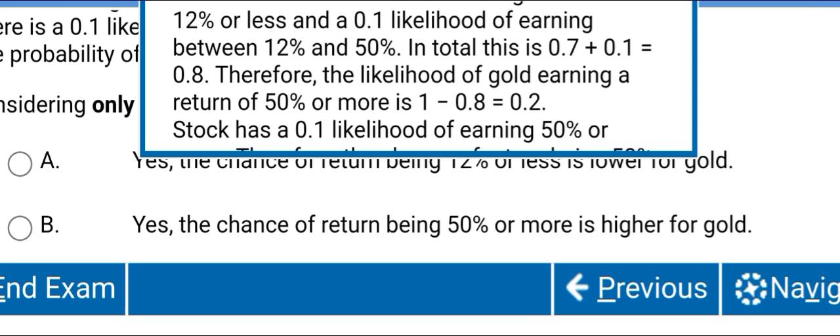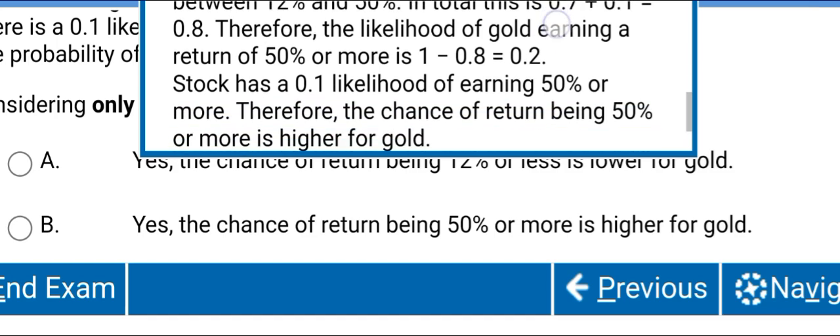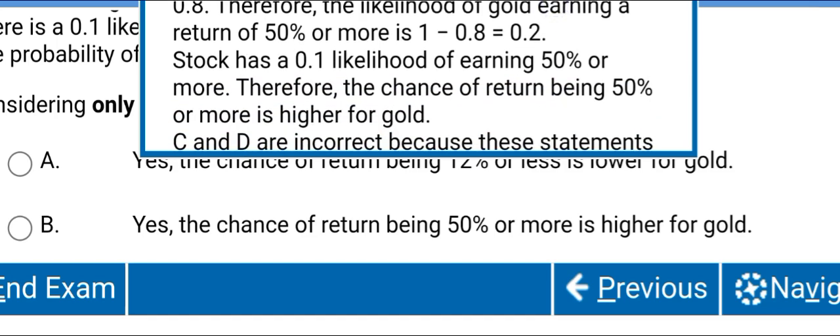Therefore, the likelihood of gold earning a return of 50% or more is 1 minus 0.8, which equals 0.2. Stock has a 0.1 likelihood of earning 50% or more. Therefore, the chance of return being 50% or more is higher for gold.